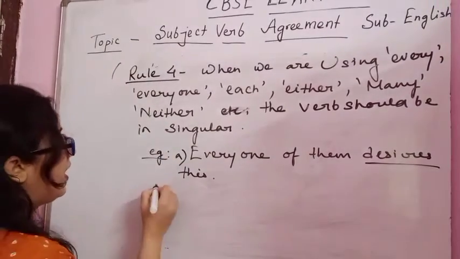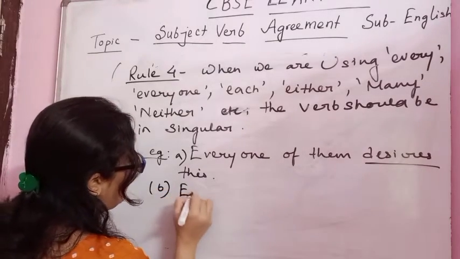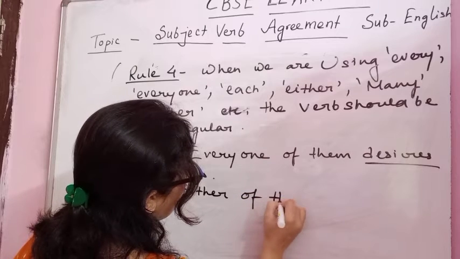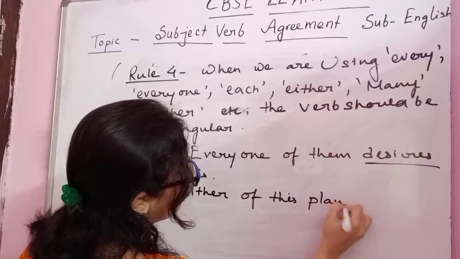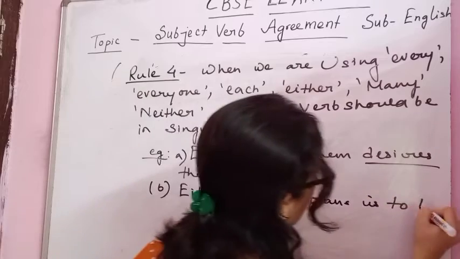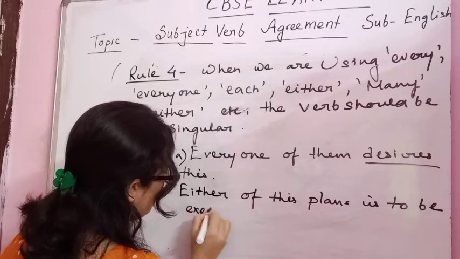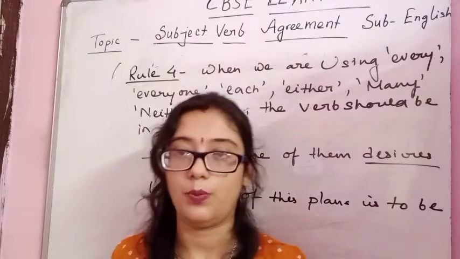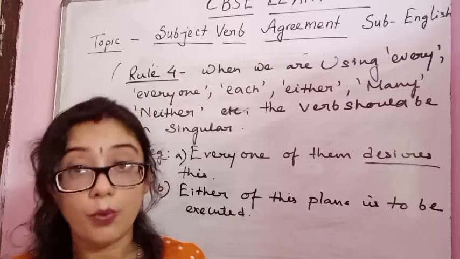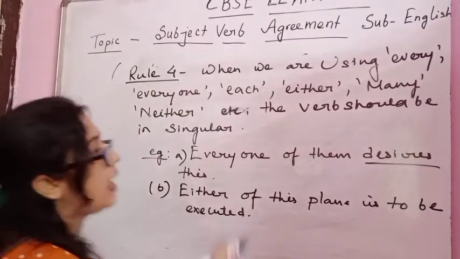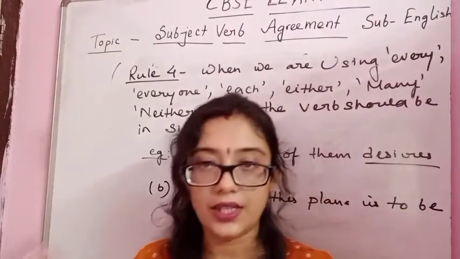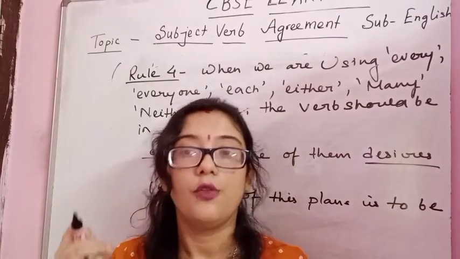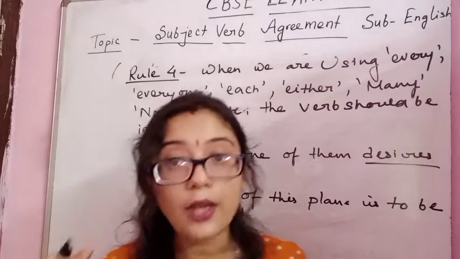Next one is, either of these plans is to be executed. So these words, either, neither, each, many, will always be followed by the singular verb.